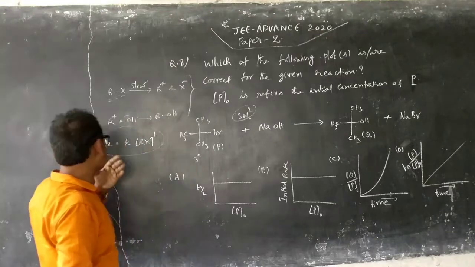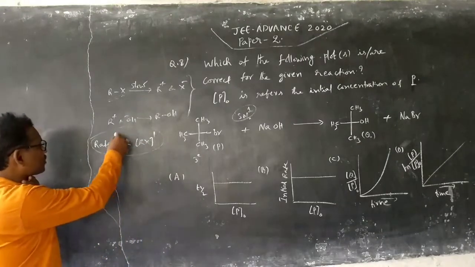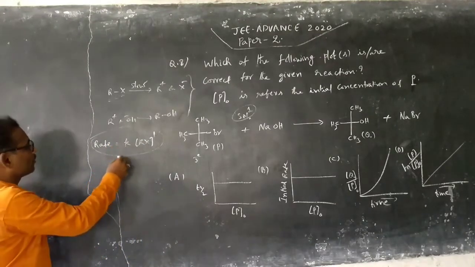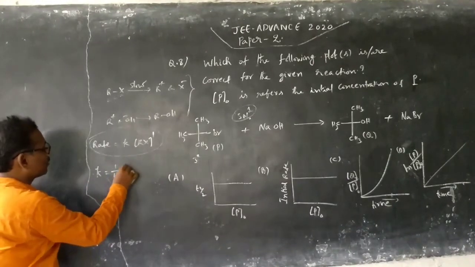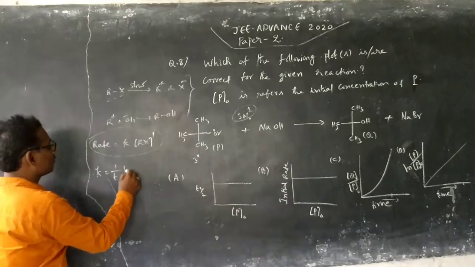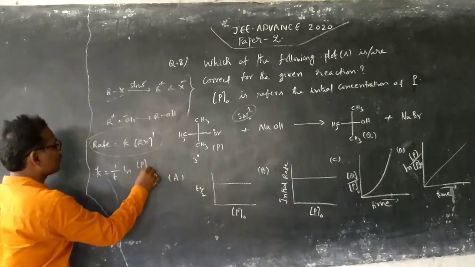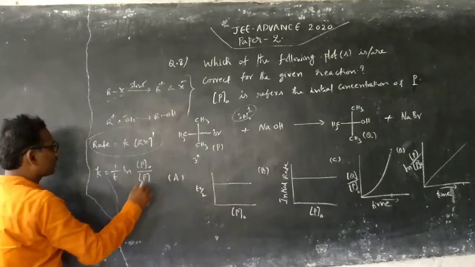For a first order rate equation, the integrated equation is k is equal to 1 by t ln of initial concentration divided by final concentration.